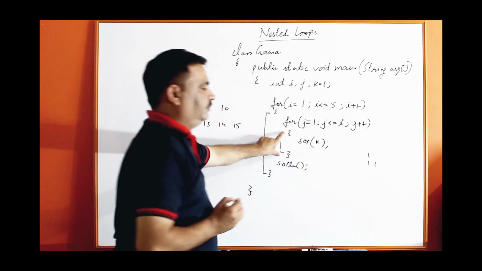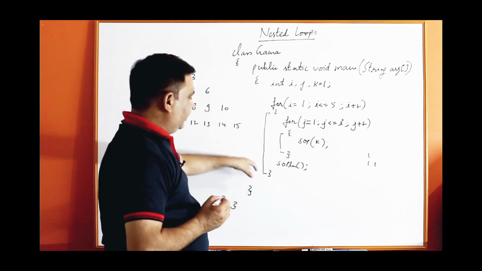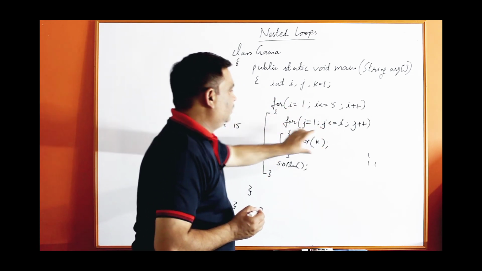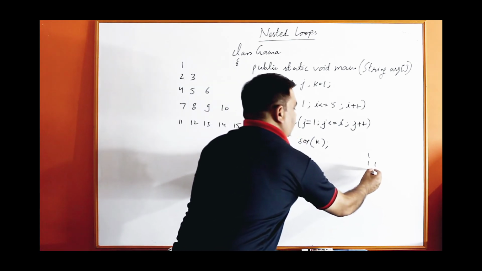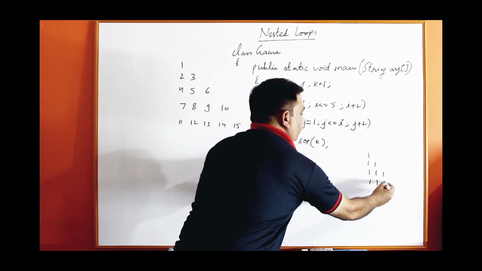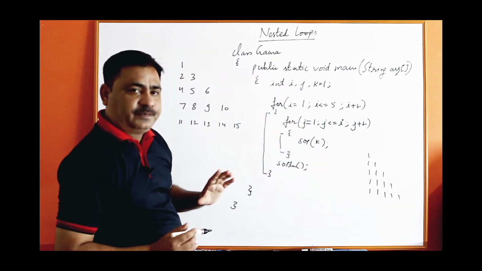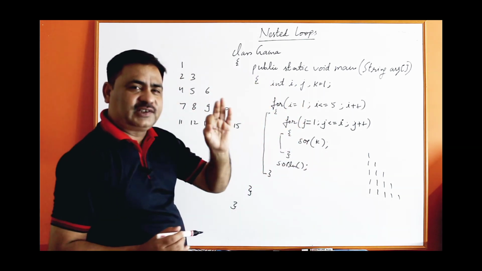The third time i will be 3, so 3 times it will print the same value, 1 1 1, and next time 4 times, then 5 times. This will be the output of this program, but I am going to make a slight change.